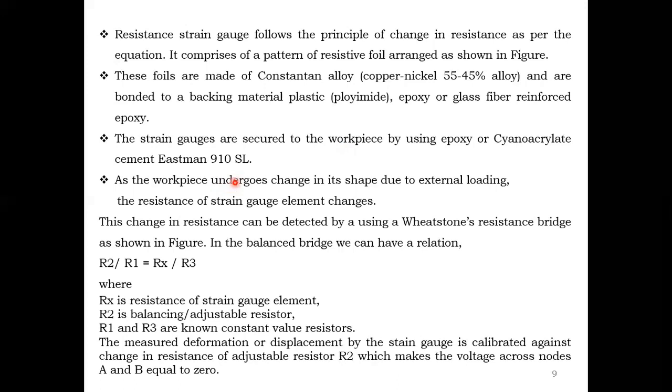The change in the resistance can be detected by using a Wheatstone resistance bridge as shown in the figure. By using the formula R2 divided by R1 is equal to Rx divided by R3, we can calculate the resistance variation.